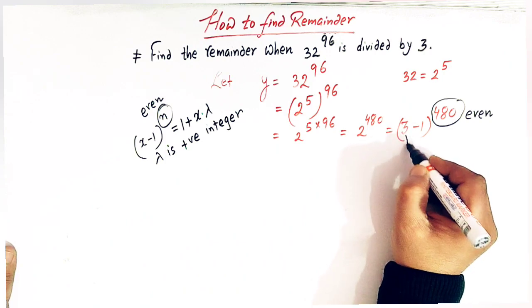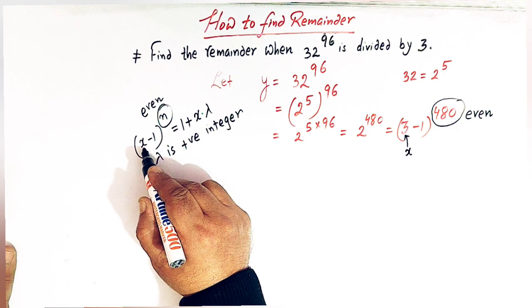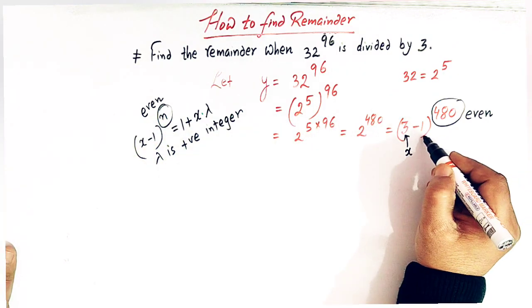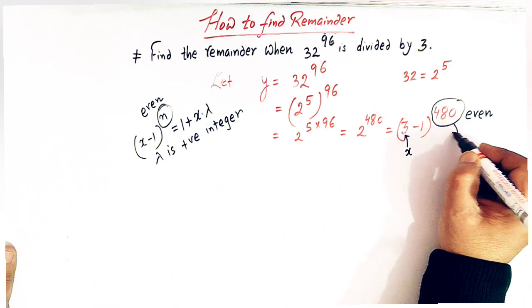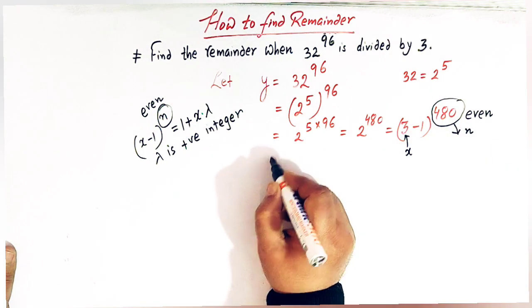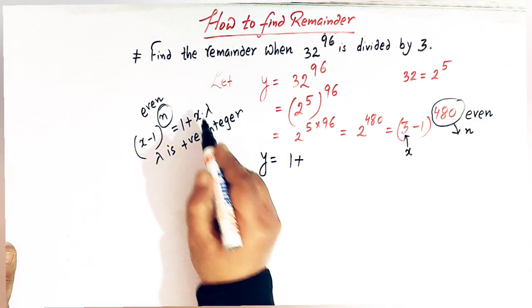So here the value of x is 3. If we compare x minus 1 raised to n with this term, and n is 480, right? So now y can be written as 1 plus x times lambda.